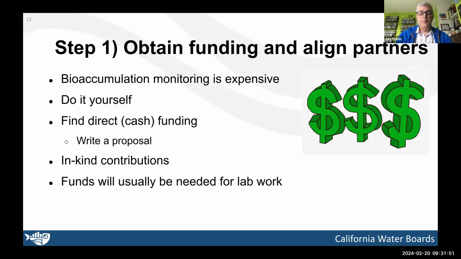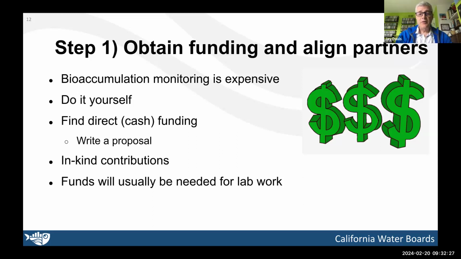But usually, unless you work with an organization that has a lab that can do this type of work, you're gonna need to find a lab, ideally a lab that has clean facilities, that is experienced with processing samples. Autumn Bonema, who's on the call, is the wizard of this for the SWAMP program and for the regional monitoring program as well. It's a big job, that part of it, and then the analysis.